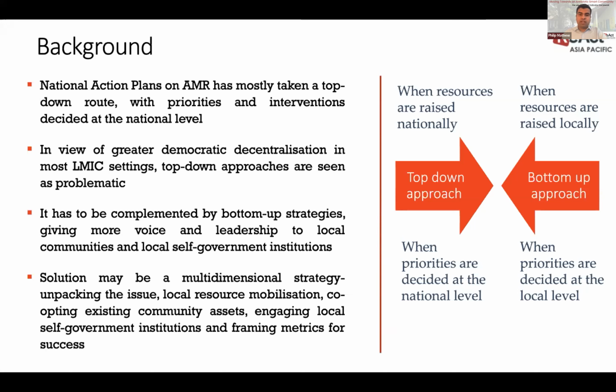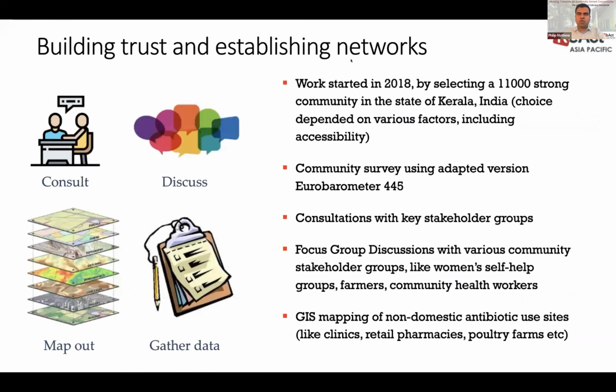We should be able to engage the local self-government institutions. The form, shape and size can be very different in each country, but there are definite local governance structures. And we should have some kind of a benchmarking for measuring success. So that's how this whole idea of an Antibiotic Smart Community project evolved.